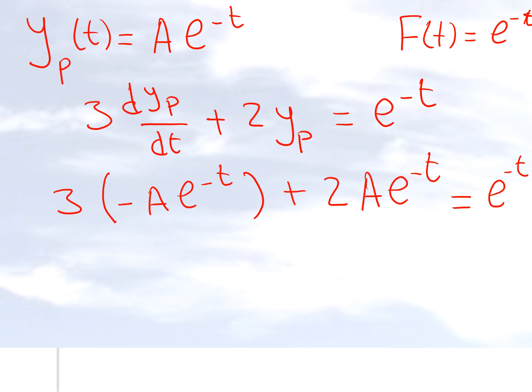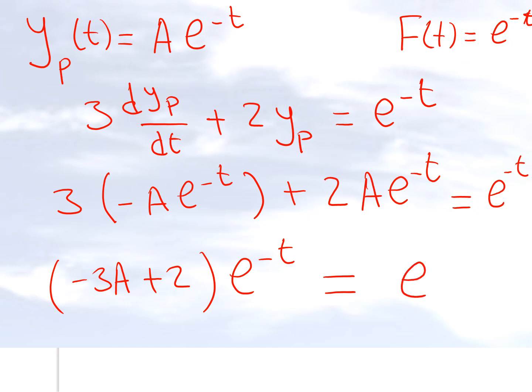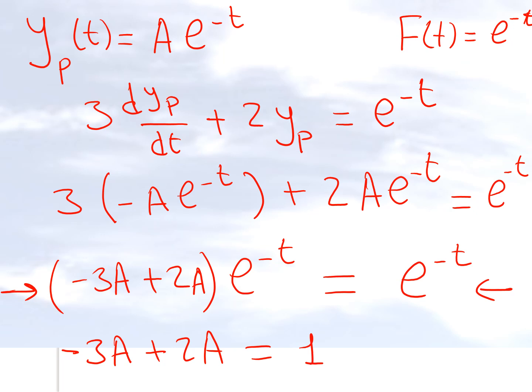Now you can see that we have e^(-t) on both sides, and the coefficient of e^(-t) on the left-hand side is equal to negative 3a plus 2a, and on the right-hand side the coefficient of e^(-t) is simply 1. For this equation to hold, the coefficient of e^(-t) on both sides should be the same, so we have to set negative 3a plus 2a equal to 1 so that the differential equation holds using our proposed particular solution.